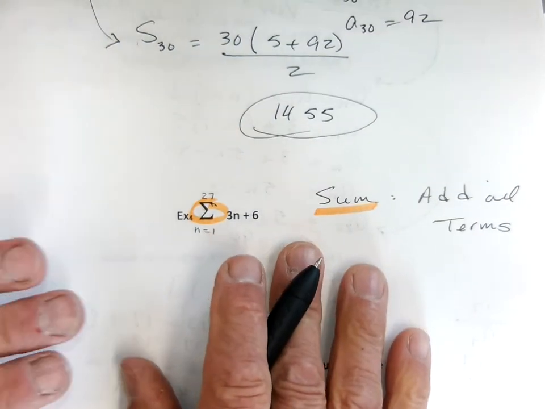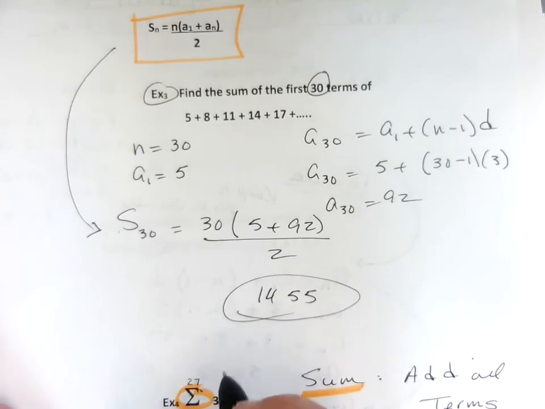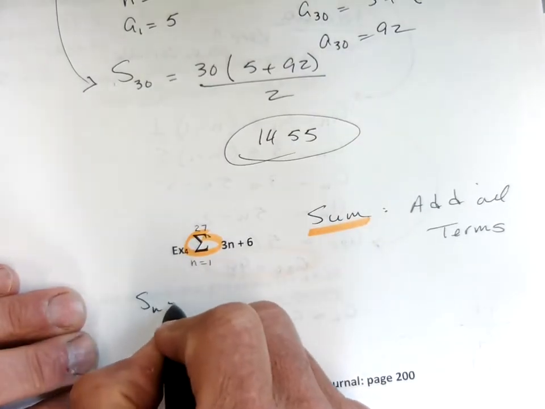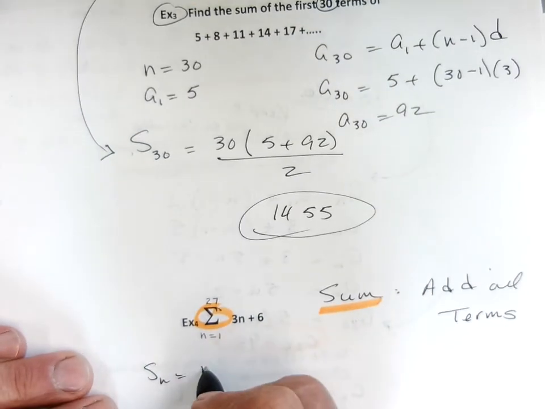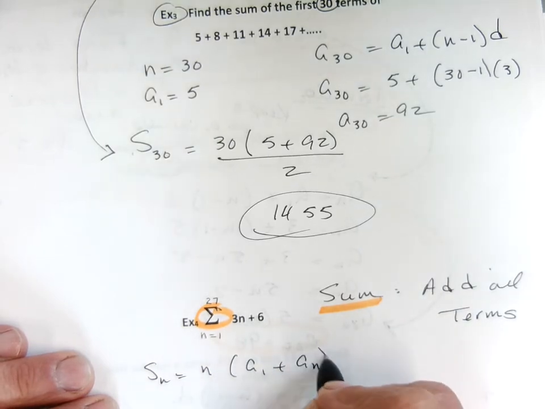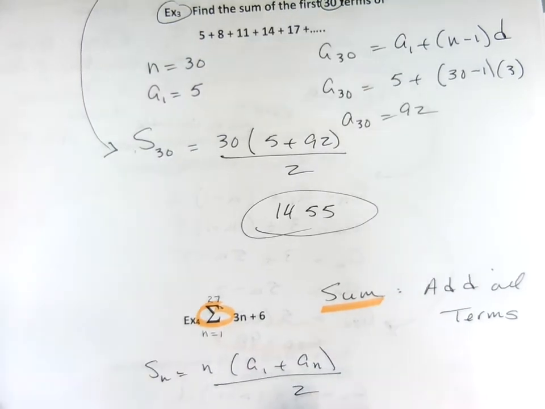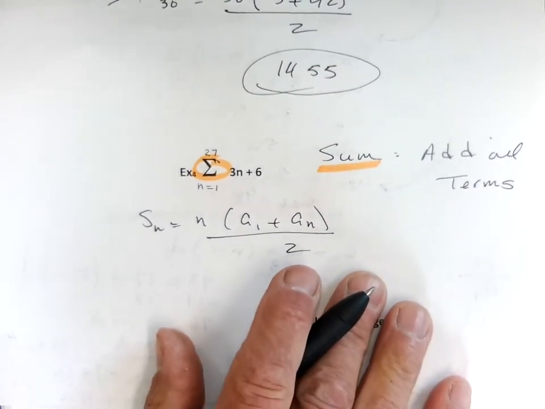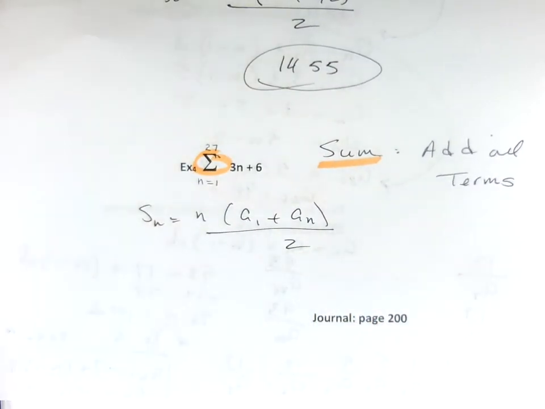So I want to use my formula. I want to use my S of n equals my n times A1 plus An divided by 2, okay? I like this problem because it's really easy.